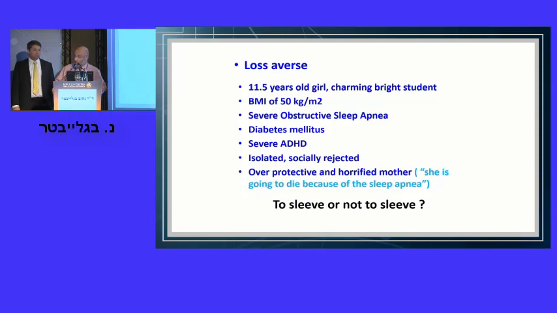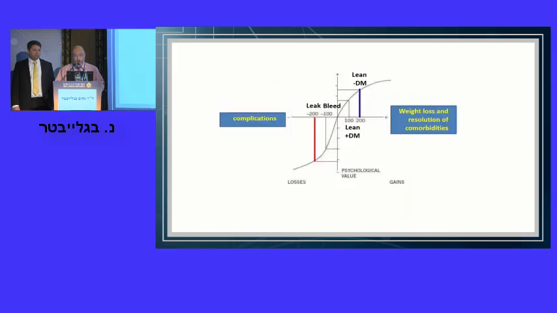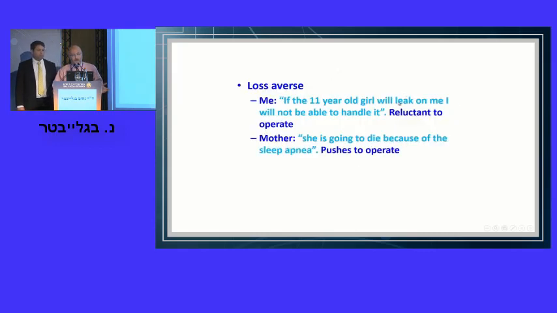So to sleeve her or not to sleeve her? So I'm putting myself now on the Kahneman-Tversky graph, and I look at my losses and at my or her gains. So this is also a good demonstration of shared decision-making. Iran will talk about it later. And I'm saying to myself, okay, on one hand, she will be lean, she won't have diabetes, and she will have a lot of friends.